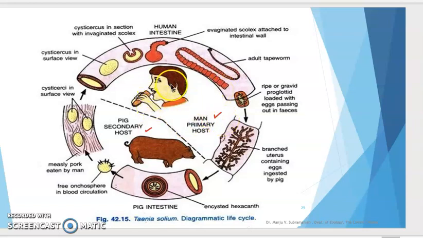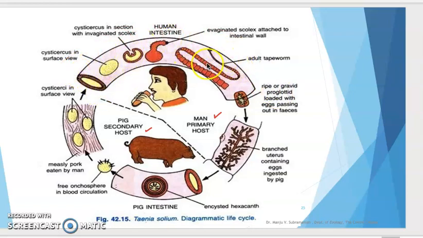Inside the body of the infested man, inside the intestine, copulation, fertilization and the early development of this Taenia solium take place. This picture shows a portion of the human intestine.